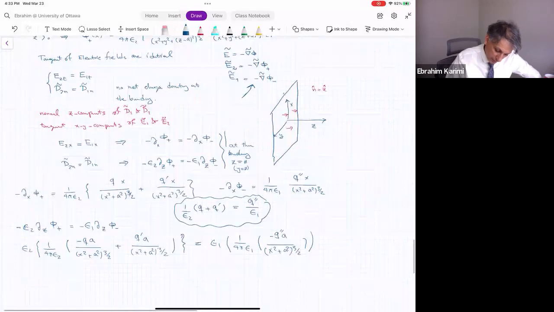So epsilon 2 goes away from this side, epsilon 1 goes away from this side. The a divided by x squared plus a squared to the power of 3 divided by 2 goes away. Then you will get minus q plus q prime is equal to minus q second.